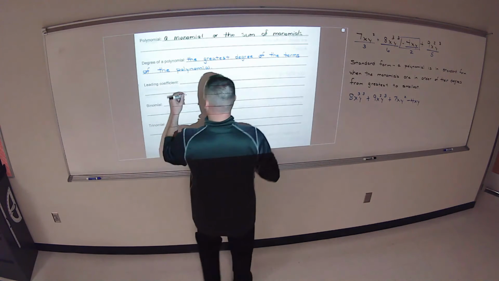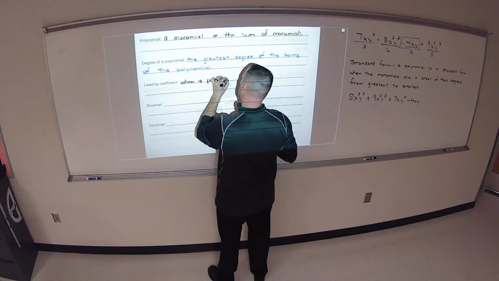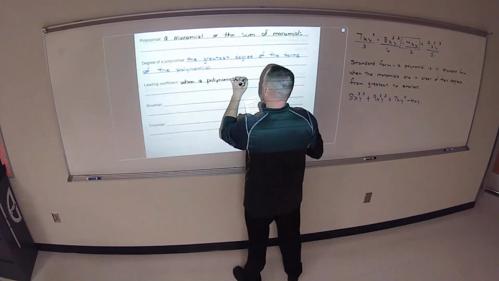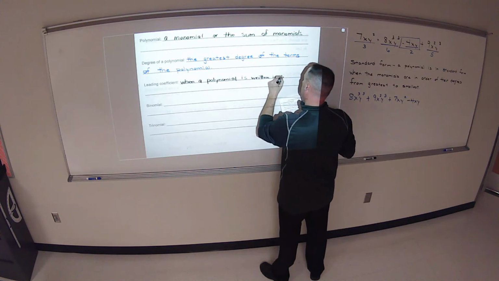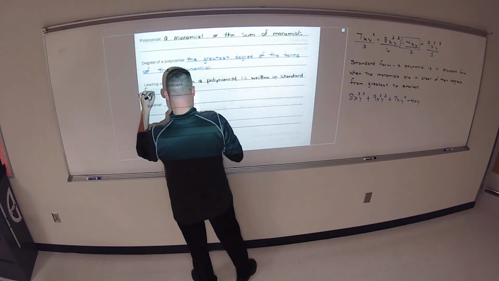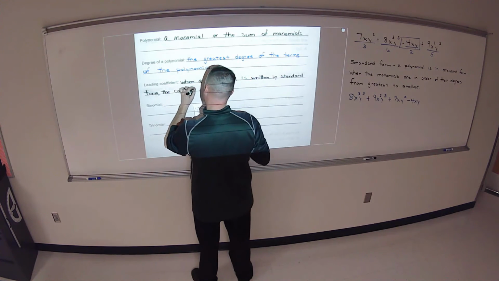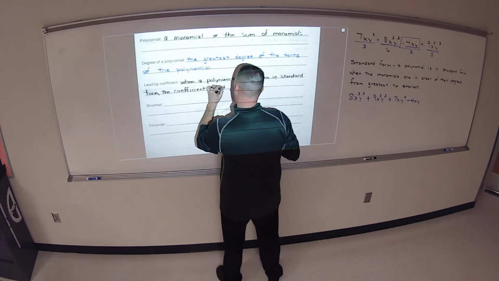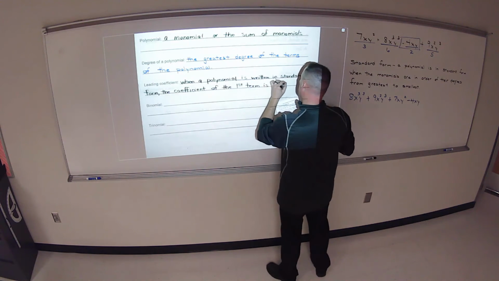When a polynomial is written in standard form, the coefficient of the first term is the leading coefficient.